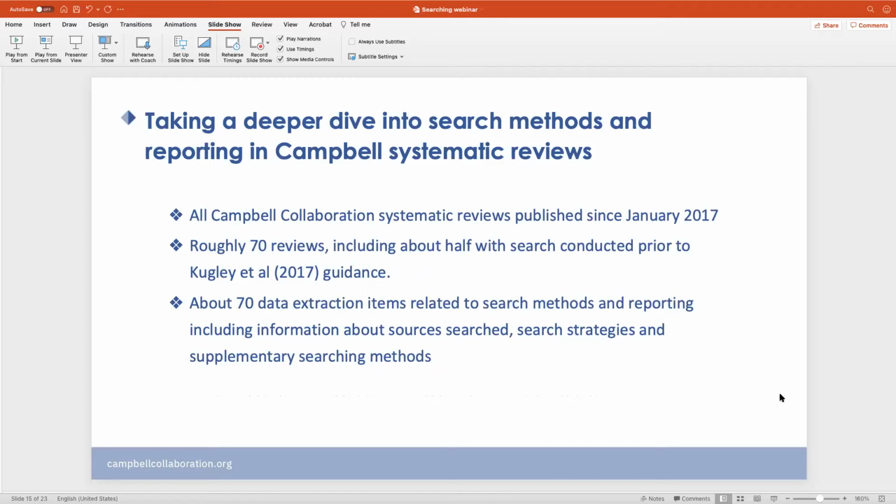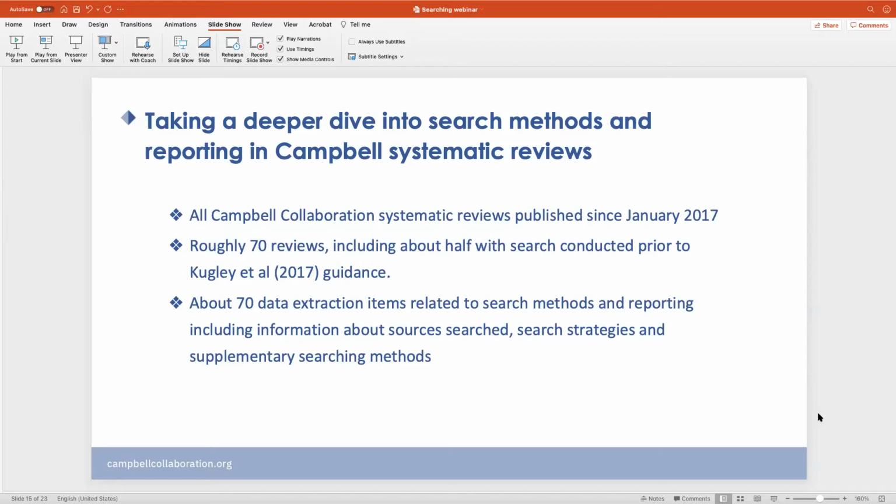And this also does give us a pretty good sample size of about 60 to 70 reviews to assess. Also, sort of conveniently, about half of the reviews in this sample set have searches that were conducted prior to the publication of the Kugli et al. guidance document that Ciara mentioned, and half had searches that were conducted after the document was published.